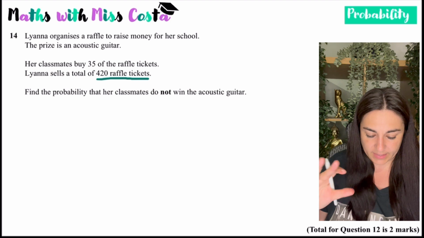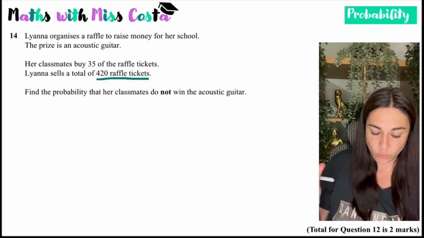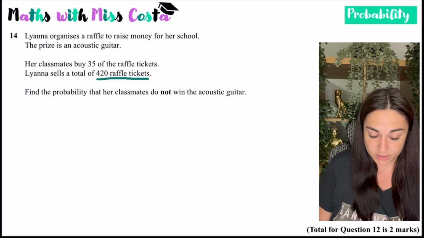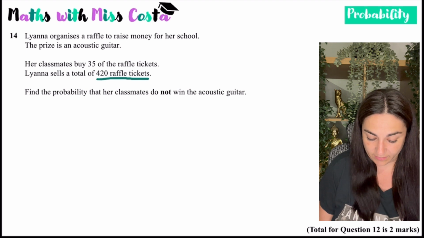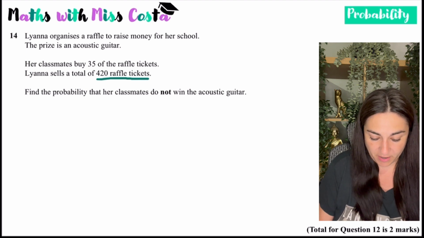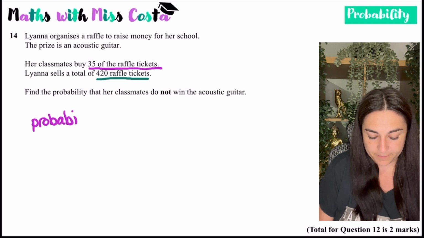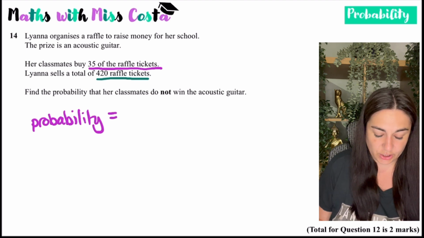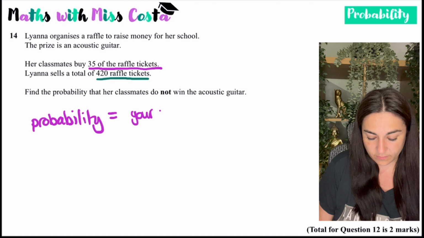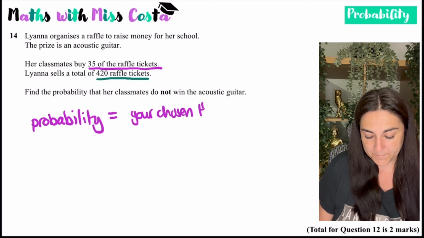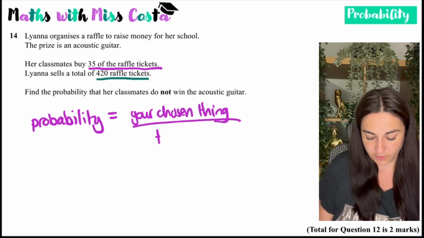So let's make sense of what's going on here. She's organising a raffle to raise money for the school. She sells a total of 420 raffle tickets and her classmates buy 35 of the raffle tickets. So to work out the probability of something happening, you do your chosen thing over the total.